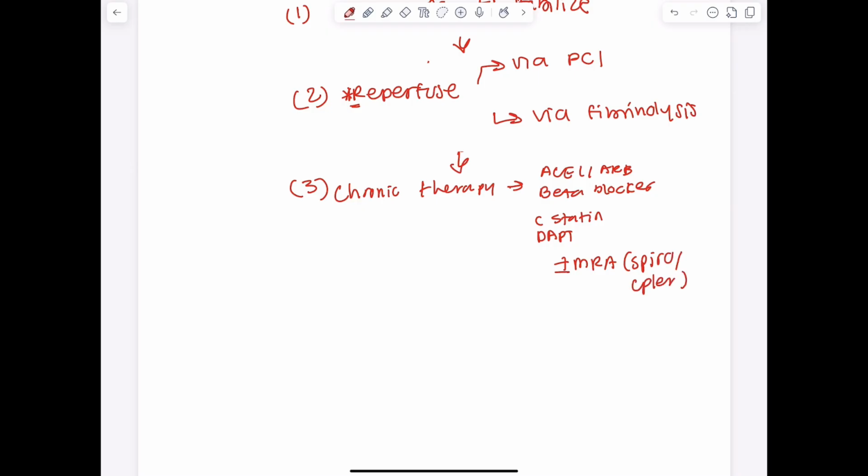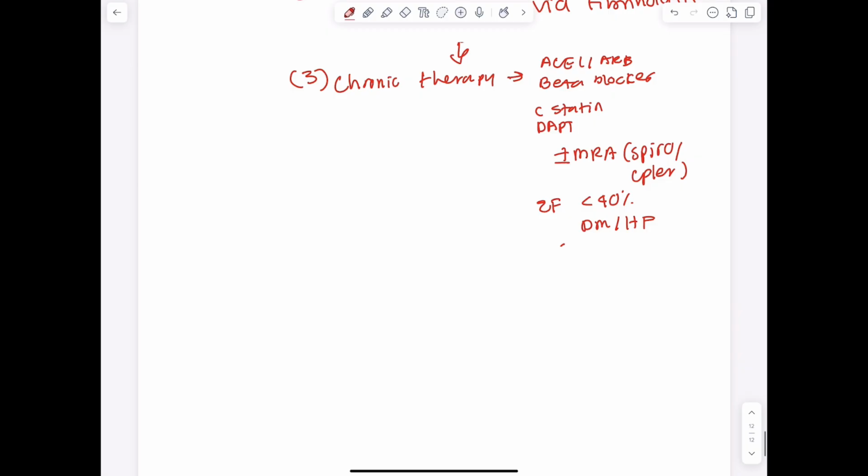Okay, if they have an ejection fraction less than 40, or they have diabetes or heart failure, and they must have potassium less than 5, creatinine less than 2.5 for men, and creatinine less than 2 for women. Okay?